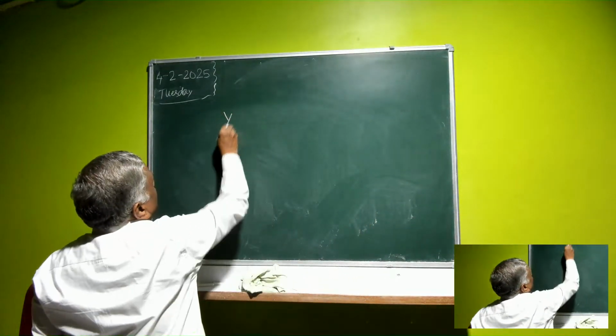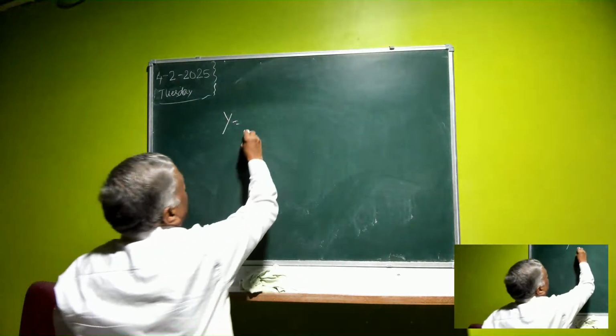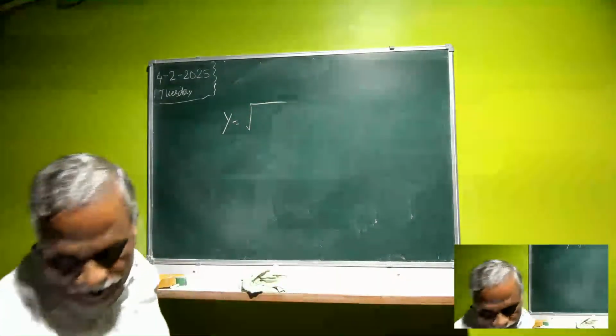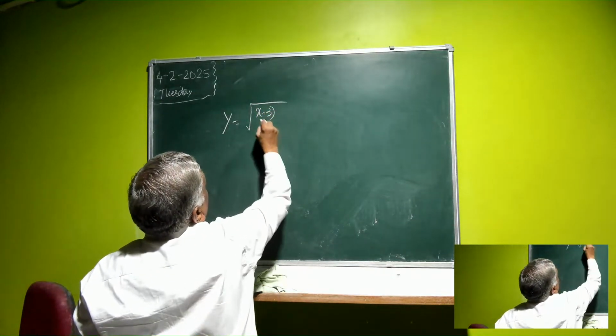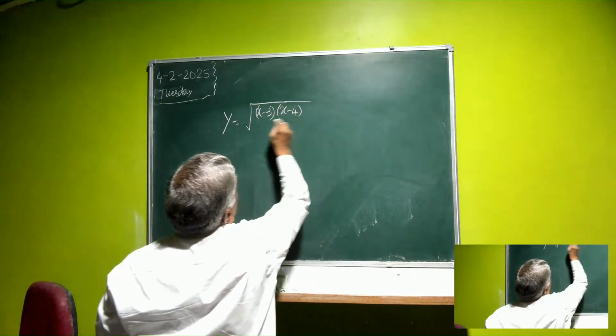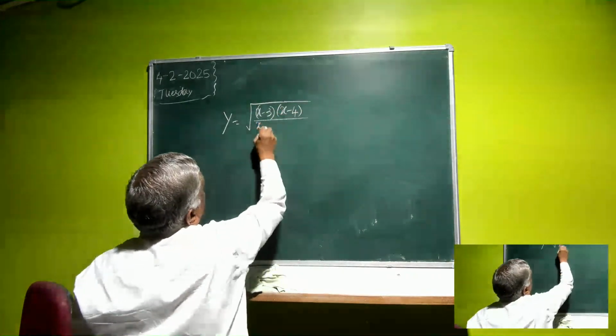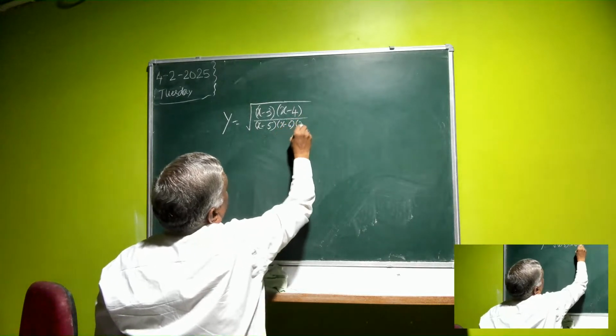Y is equal to square root of x minus 3 into x minus 4 divided by x minus 5 into x minus 6 into x minus 7.